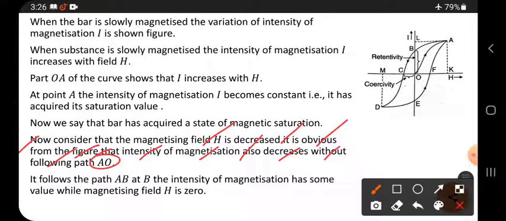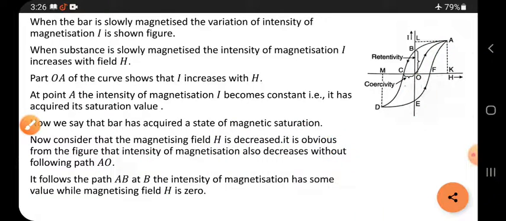Initially its path is OA, and while increasing it followed this path. When we decrease, it would have to follow the same path, but it cannot follow the path AO. So what path does it follow? Let me explain.